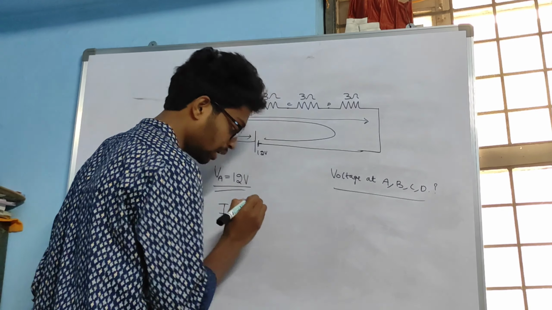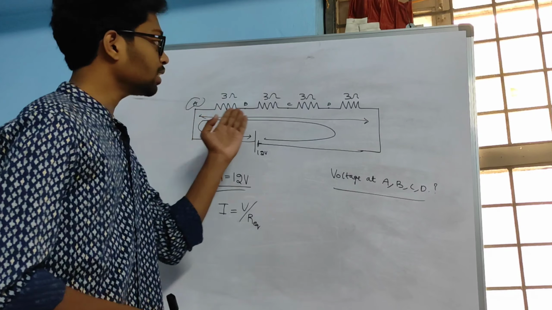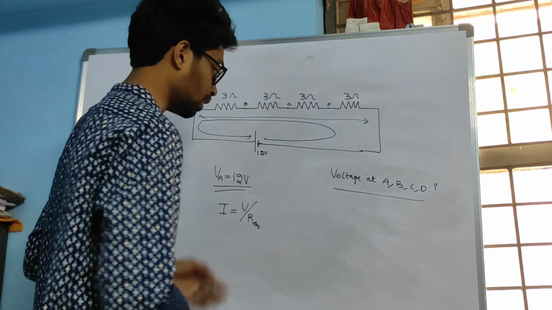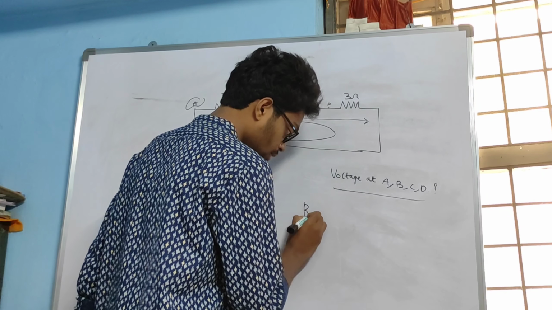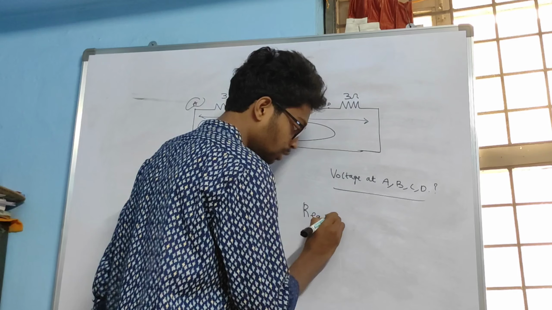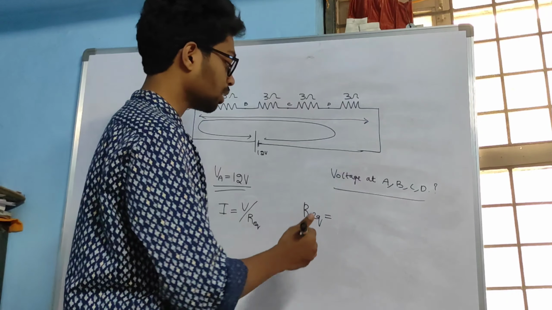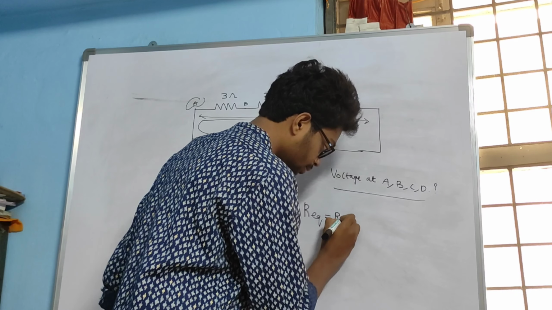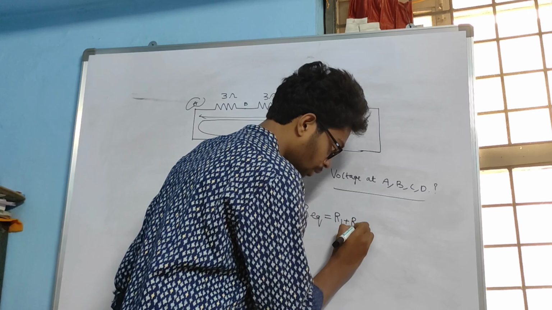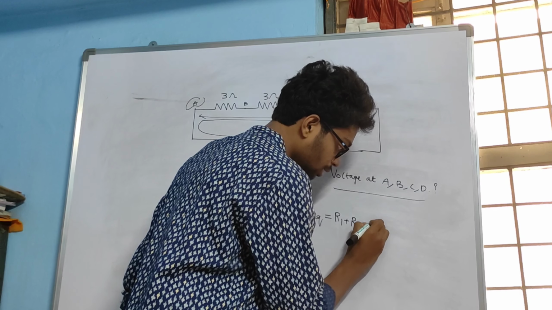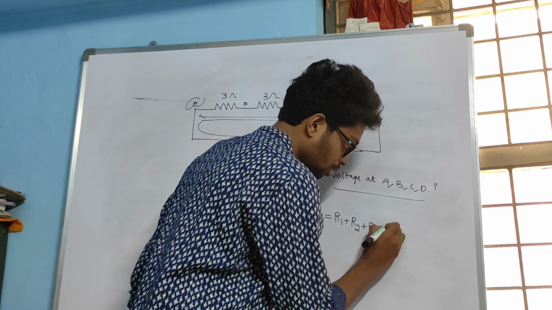So I equal to V by R equivalent. As these 4 resistances are connected in series, we know R equivalent is equal to R1 plus R2 plus R3 plus R4.